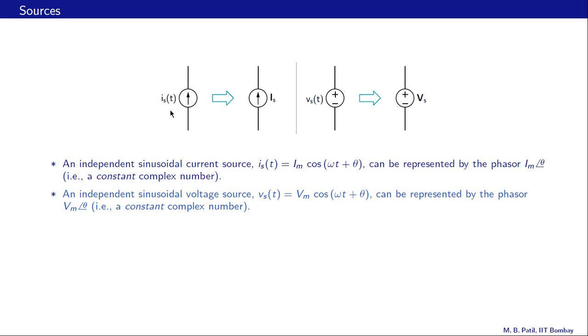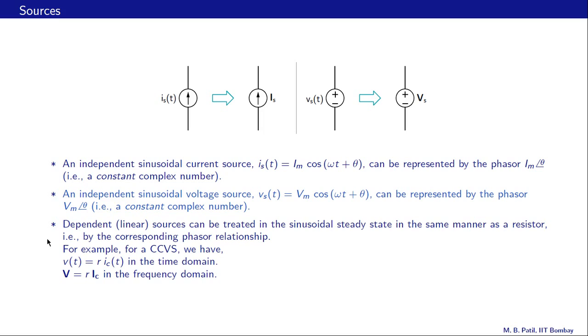So we have this source in the time domain and the corresponding phasor in the frequency domain, and that is a constant. And similarly, an independent sinusoidal voltage source Vs of t equal to Vm cos(omega t plus theta) can be represented by the phasor Vm angle theta, that is a constant complex number.